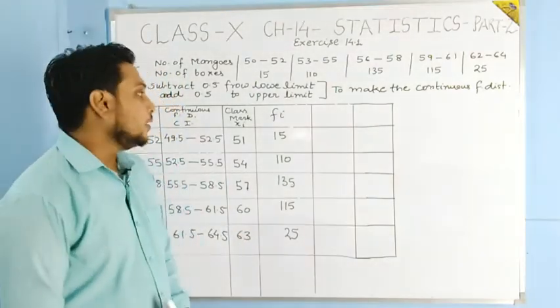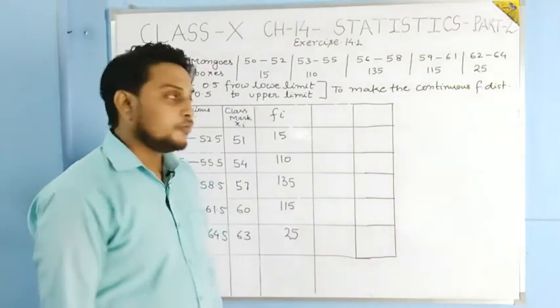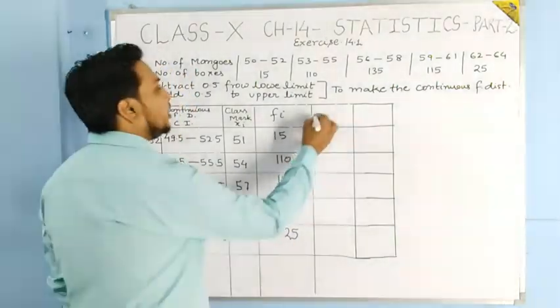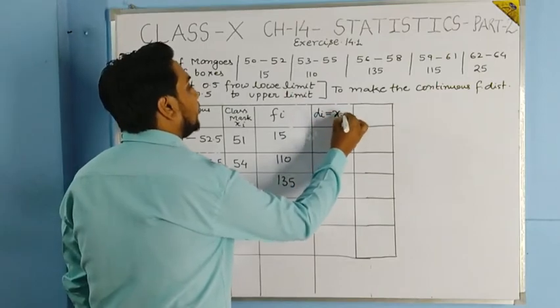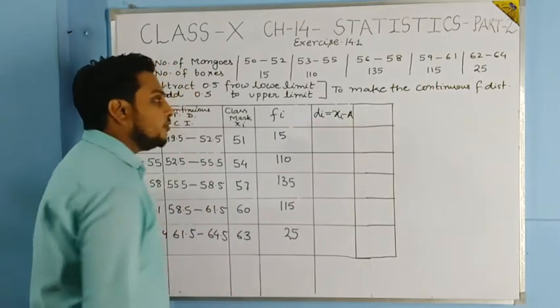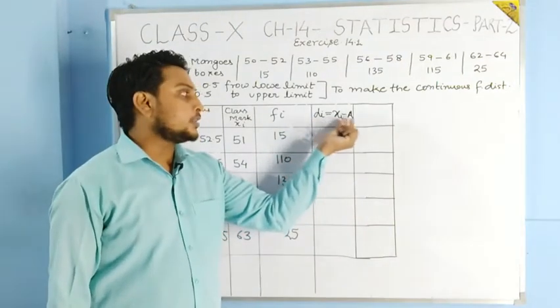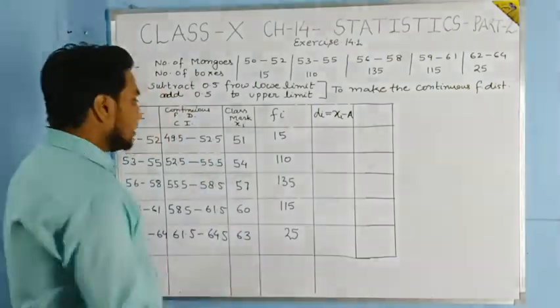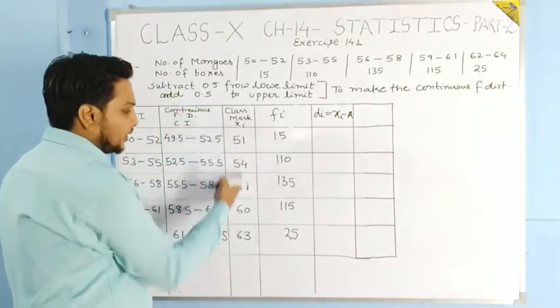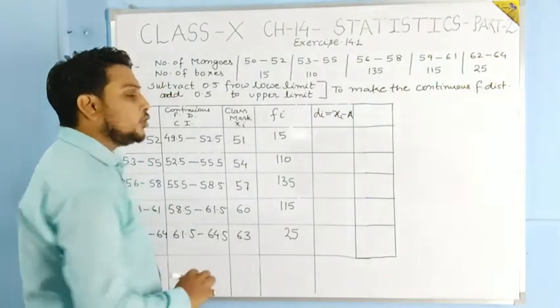So after writing this fi, we will find di. And what is the formula of di? As I told you in the last part of the video, di is the deviation, and it is xi minus a, where a is the assumed mean. See students, in xi, means in the class mark, we will choose any assumed mean.